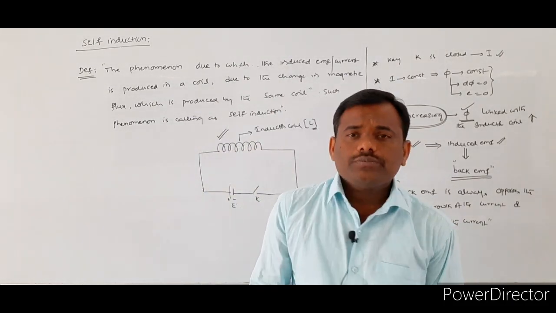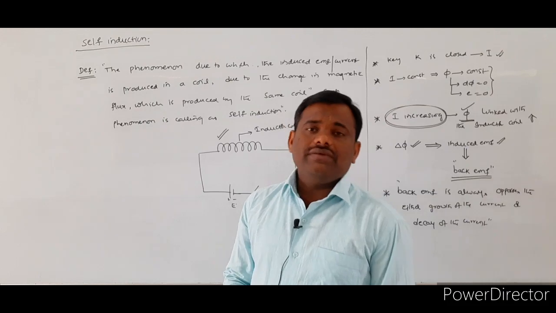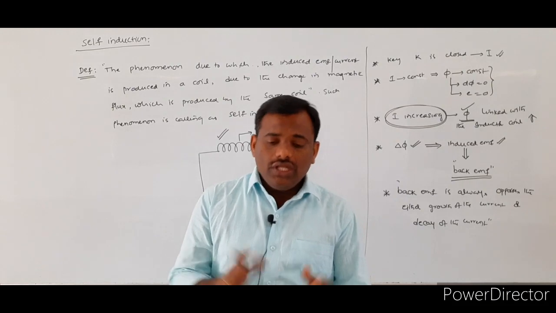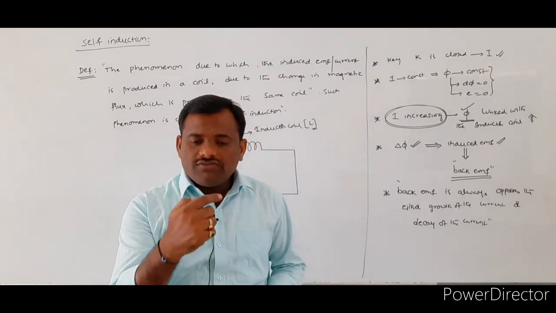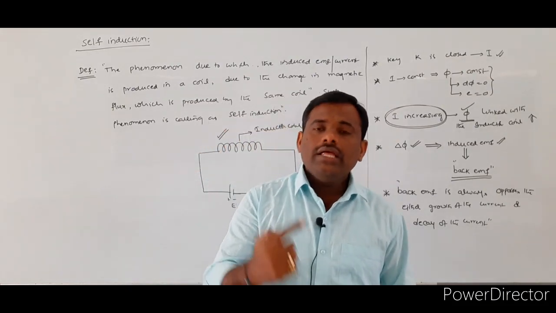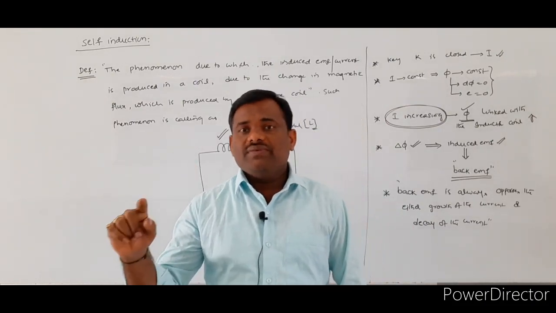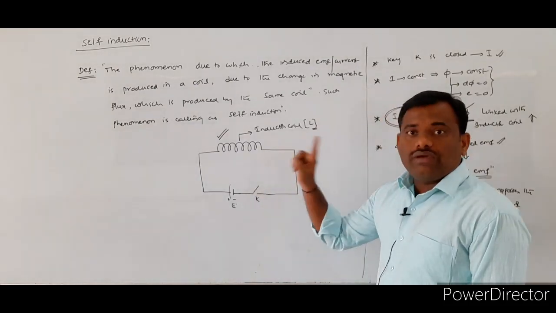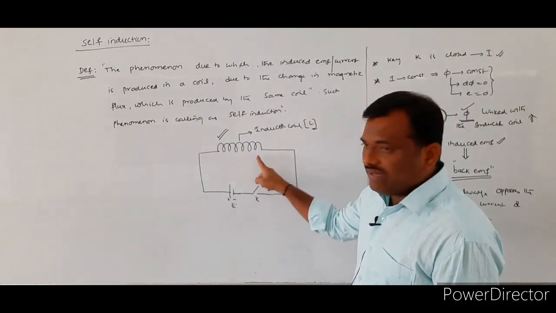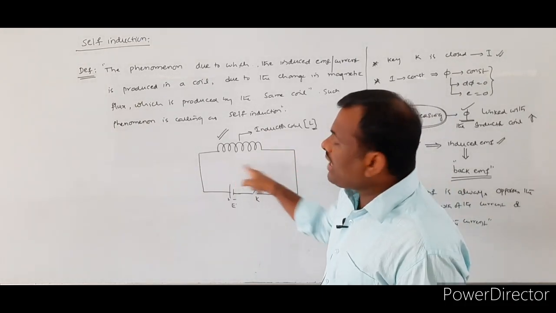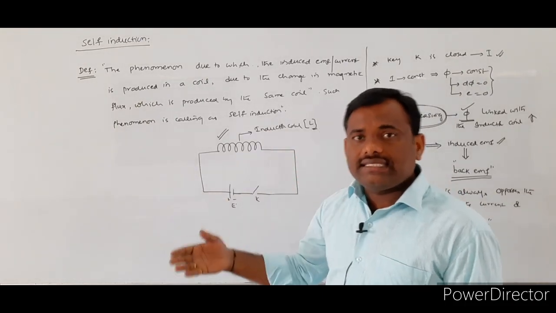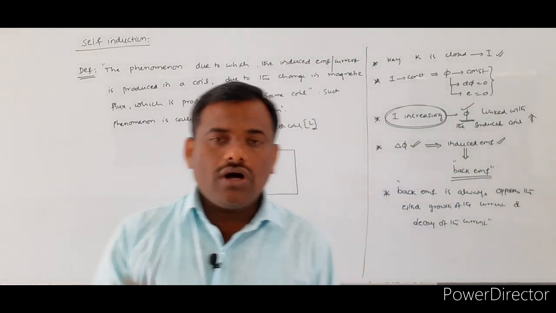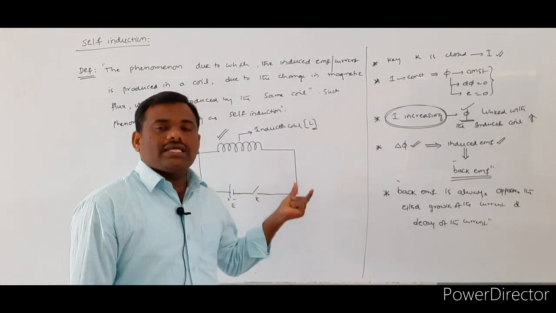Once again, what is the major difference between mutual induction and self-induction? In mutual induction, you took 2 different coils. Due to the flow of electrical current in the primary coil, you identified the induced EMF in the secondary coil. But in self-induction, you take only one coil. Through this coil current flows, as a result the magnetic flux changes, and the induced EMF is produced within the same inductor coil.